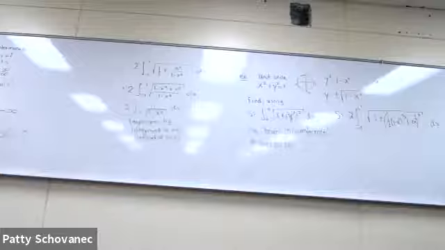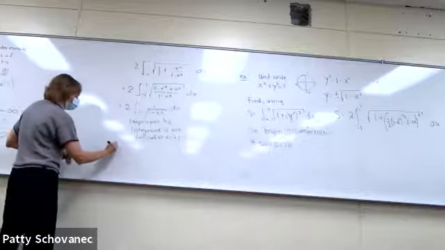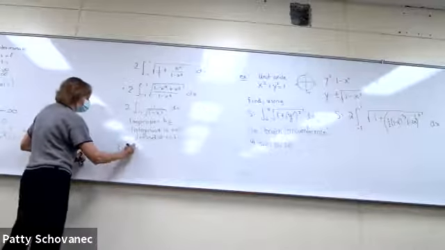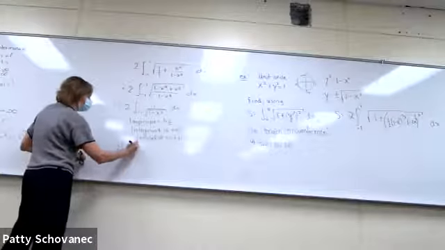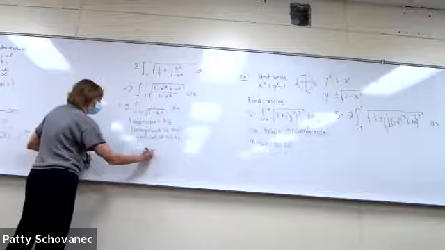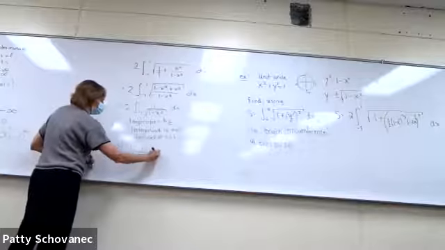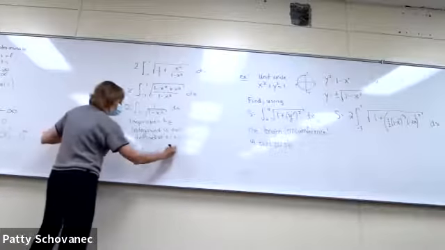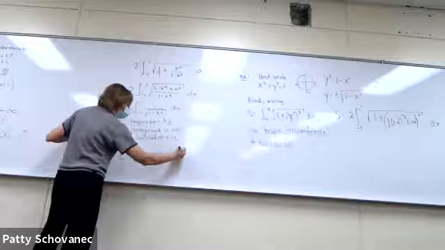And then we're going to put letters where the -1 and the 1 are. First, we're going to write that as -1 to 0. And then we're going to write that as the integral from 0 to 1.